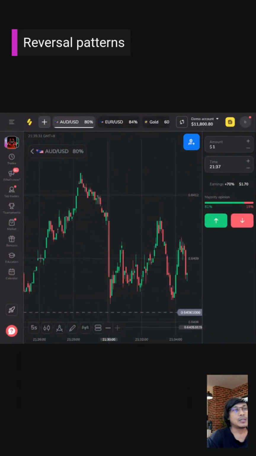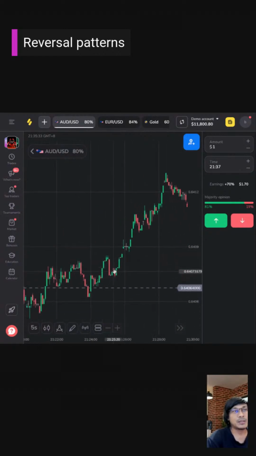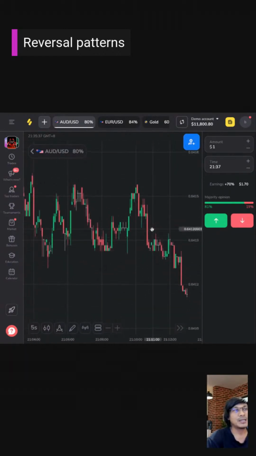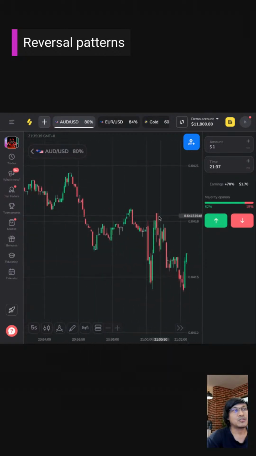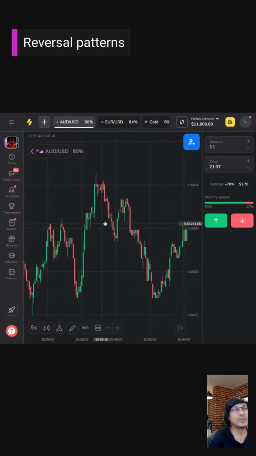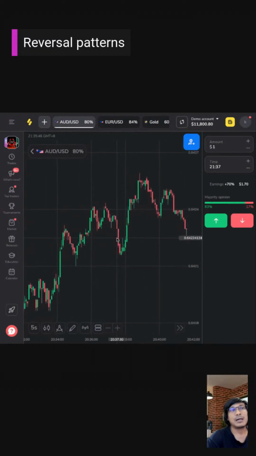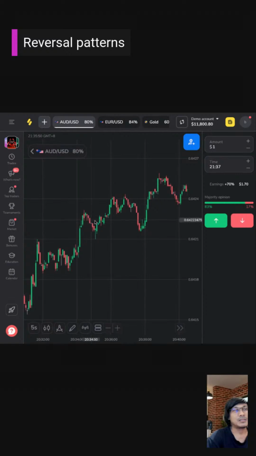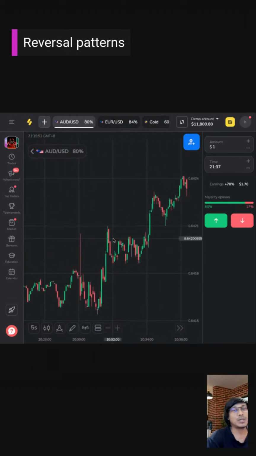You typically find a head and shoulders pattern when the asset is moving up and then it changes direction and starts to move down. A head and shoulders pattern will have, this is a bit slanted, three tops.